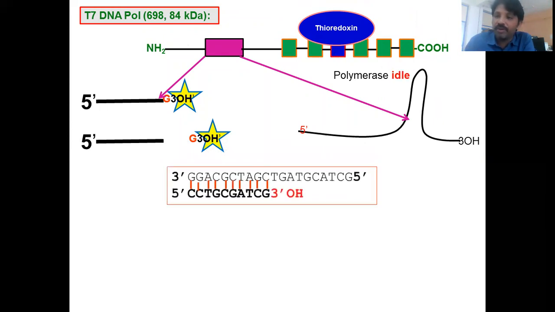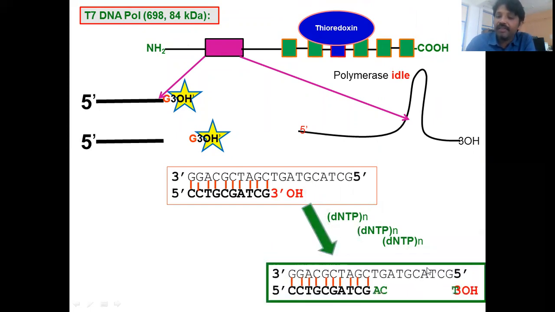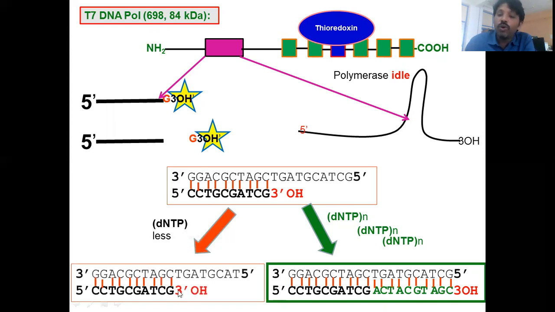It will not be involved in any further polymerase activity. And the third one is, if you have surplus dNTPs, then it allows the polymerase activity. But whenever the reaction mixture has a low concentration of dNTPs, then there is no polymerase activity. Instead, the exonuclease starts degrading the growing chain, or net synthesis is zero.